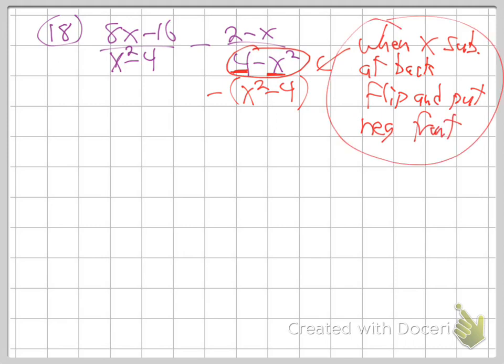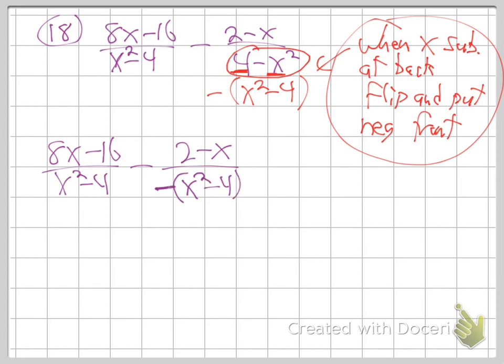So we do that. What does that give us? 8x minus 16 over x squared minus 4, minus, with a minus in the front now. Now what do we do with that minus in the front? These two minuses get together. Being on the bottom of a fraction or the top or the front, it's all the same thing. Two minuses make plus.